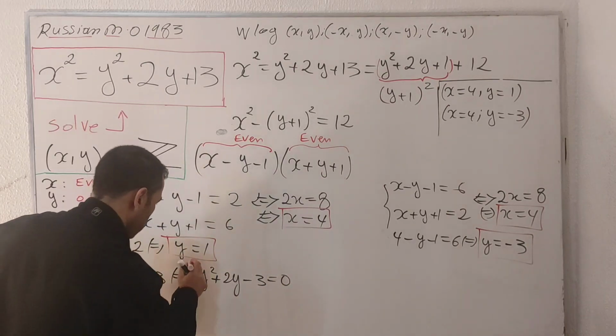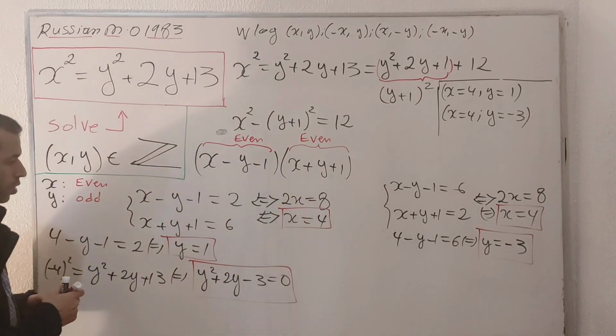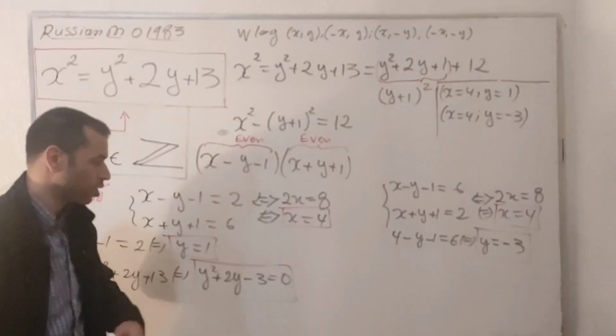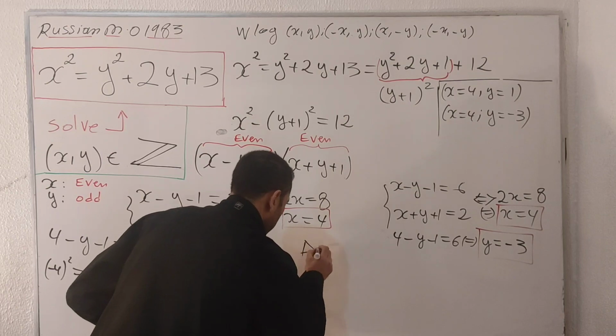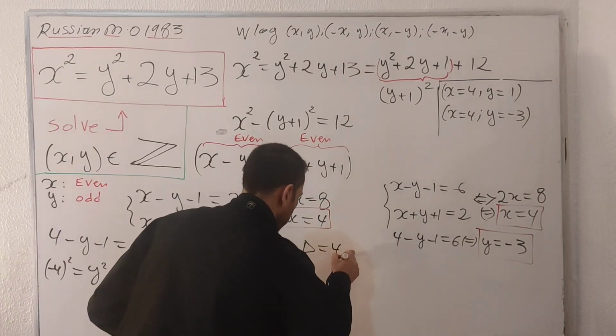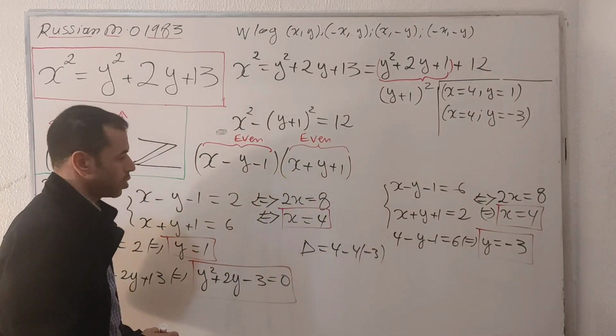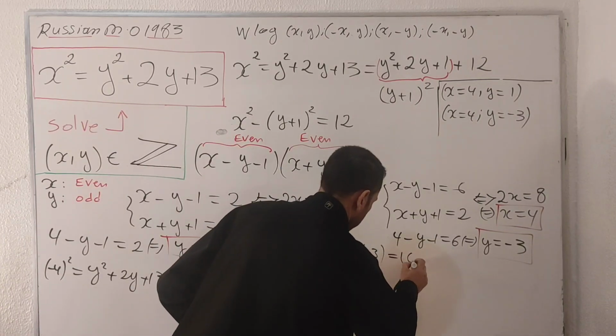Now we have ended up with a new expression in terms of y. So I'm simply going to solve this one by calculating the discriminant, delta. Delta is 4 minus 4 times minus 3 times 1. If you calculate this one, it is 16. Okay?